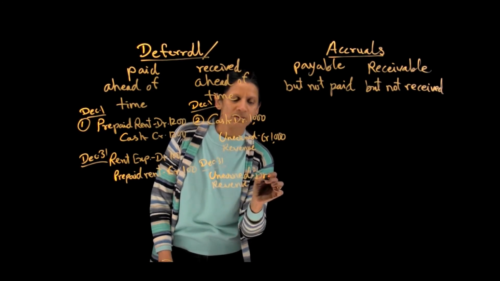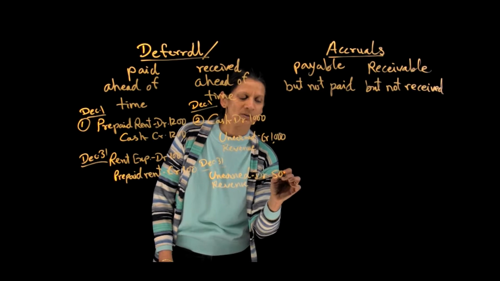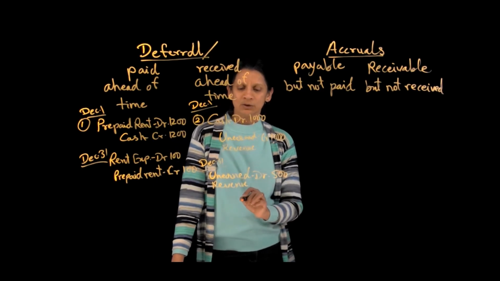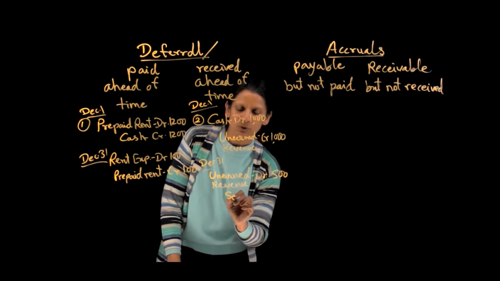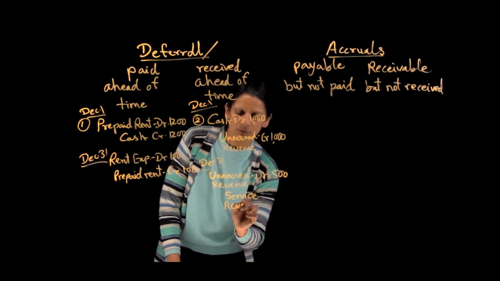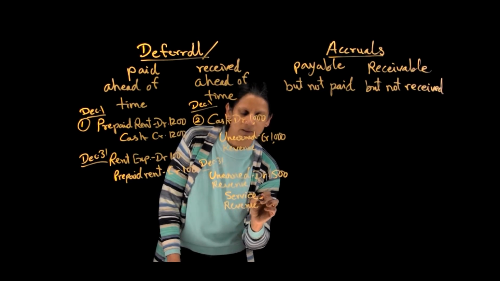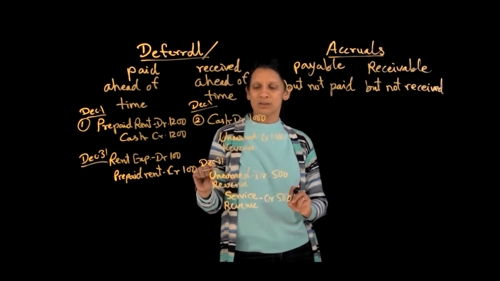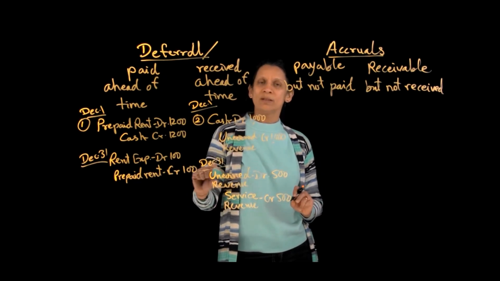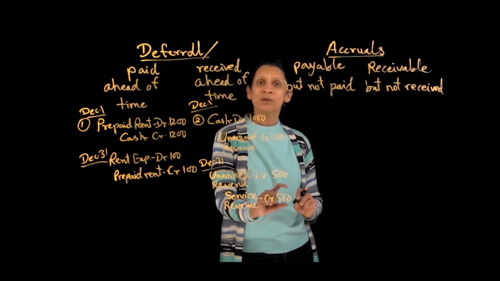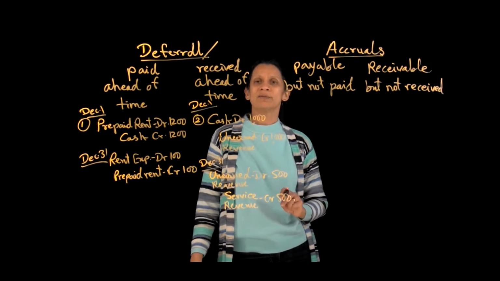Liability will be debited, say $500, because half of the services are done. And then you will convert it into a service revenue. You earn the revenue by giving the services. So in this way, in the adjusting journal entry, again you can see you touched one balance sheet account, liability, and you touched one income statement account, revenue.